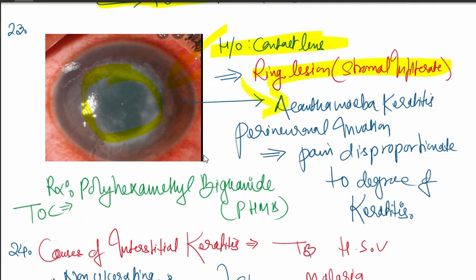So what can it be? Acanthamoeba keratitis. Here perineural invasion is seen. That's why there can be severe pain with very few findings. Pain disproportionate to degree of keratitis. So treatment is PHMB, that is polyhexamethylene biguanide.